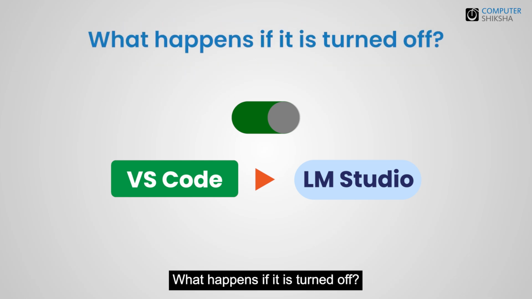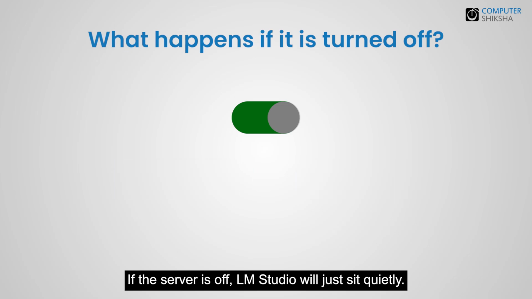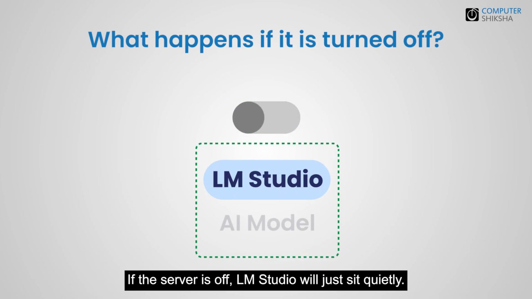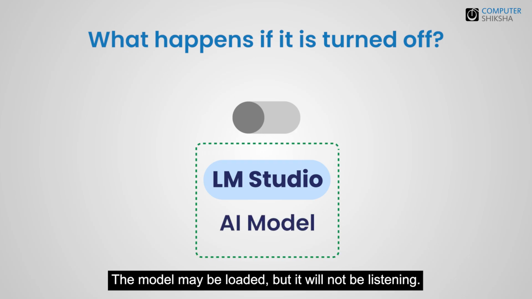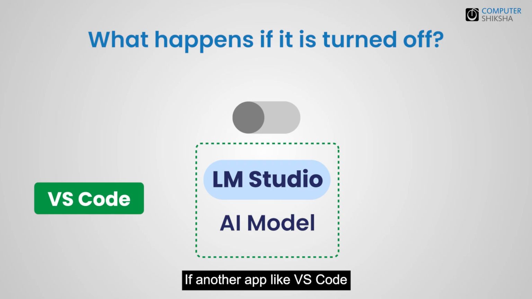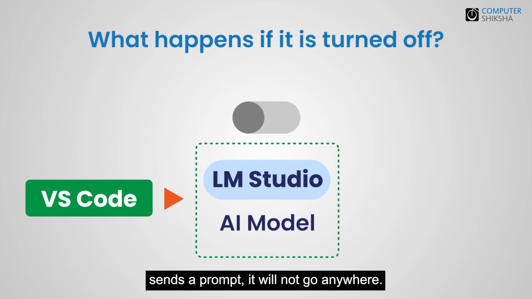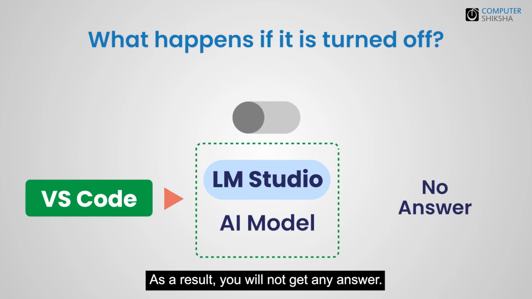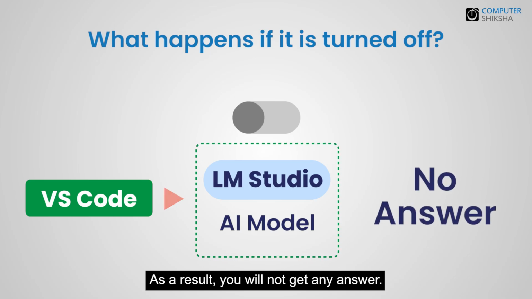What happens if it is turned off? If the server is off, LM Studio will just sit quietly. The model may be loaded, but it will not be listening. If another app like VS Code sends a prompt, it will not go anywhere. As a result, you will not get any answer.